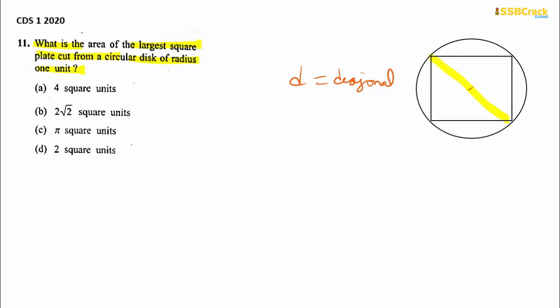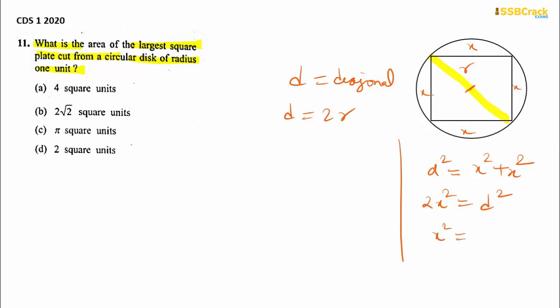So if you assume that the radius of the circle is r, then the length of the diagonal becomes 2r, right? Moreover, you also know how to find the length of the diagonal in the square. If you assume the length of the sides of the square to be x each, then diagonal squared is equal to x square plus x square, which becomes 2x square, equal to d square.